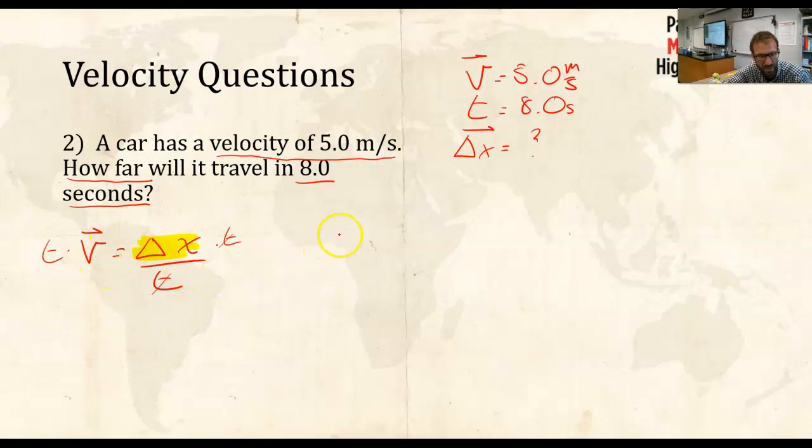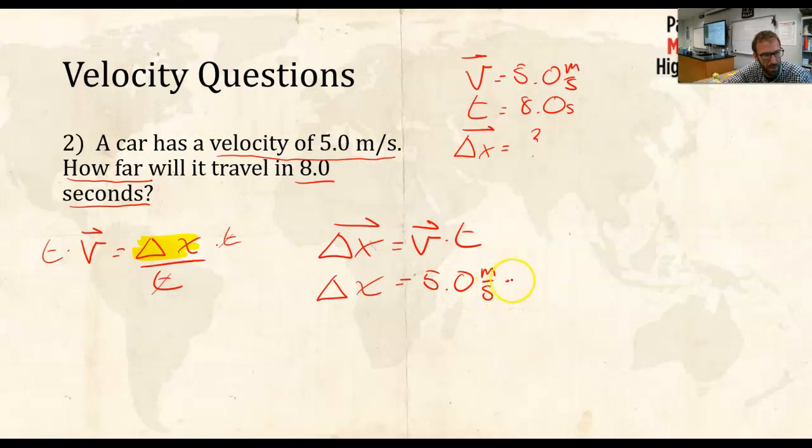Or let's just rearrange it. Delta x is equal to the velocity multiplied by time. Time multiplied by velocity is all the same thing. And let's plug it in. Delta x is equal to the velocity, which is 5.0 meters per second, multiplied by 8.0 seconds.